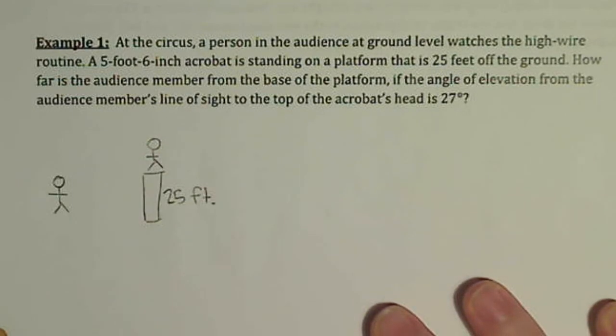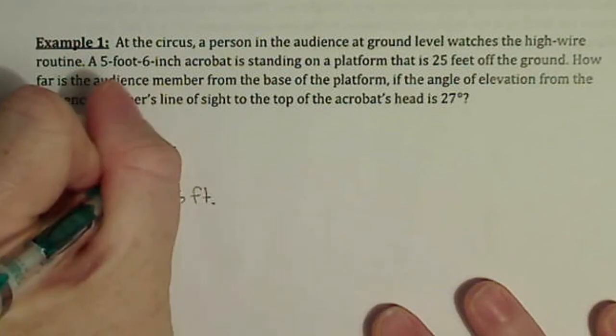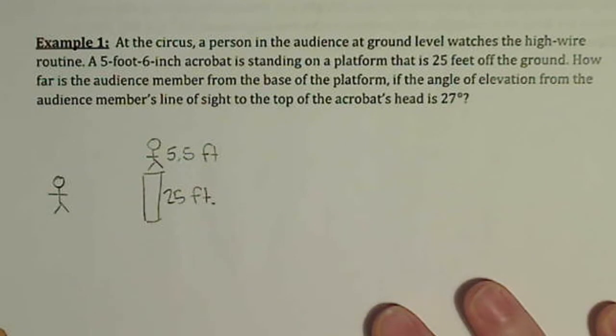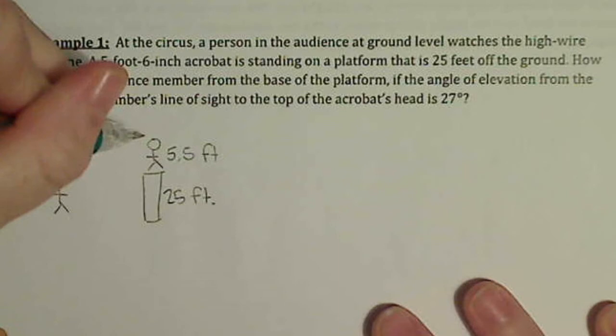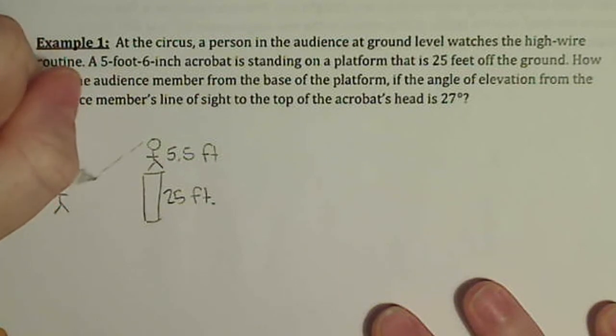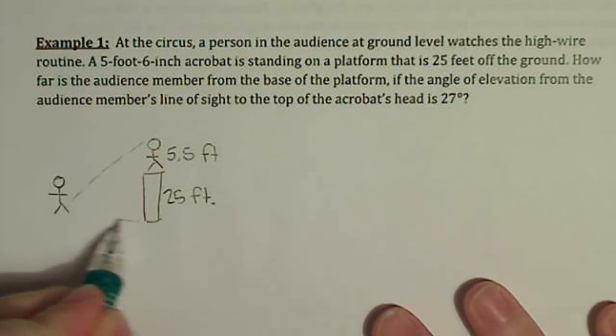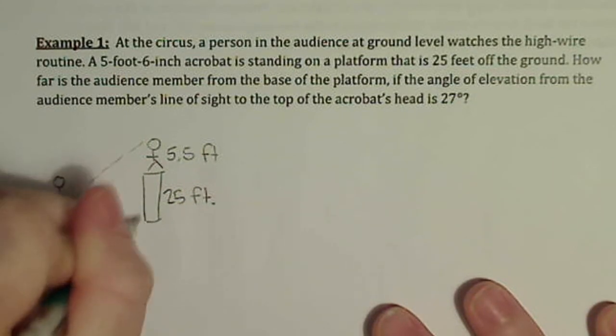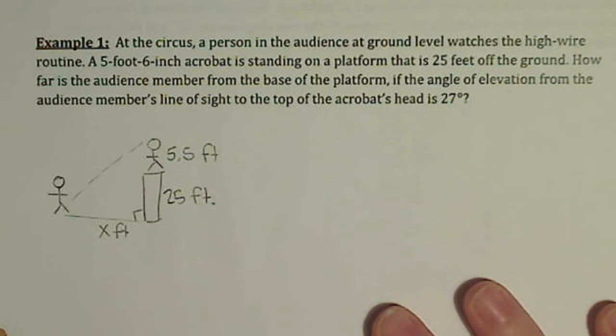This person is 5 feet 6 inches, which is about 5.5 feet. And this audience member is watching them, and you want to know how far away they are. Okay, you know that the angle degree is 27 degrees.